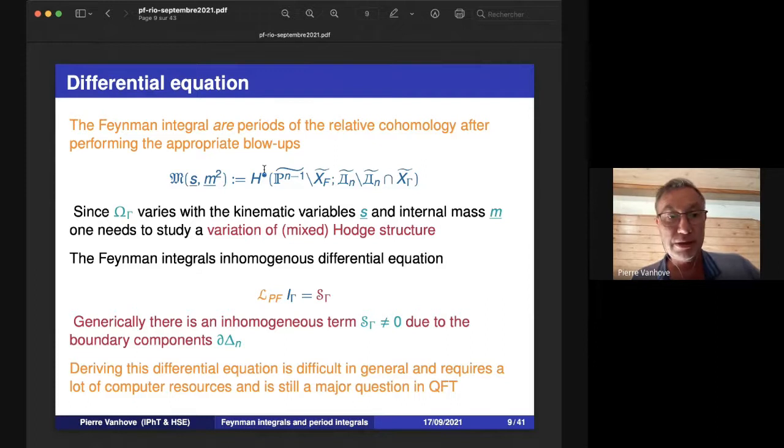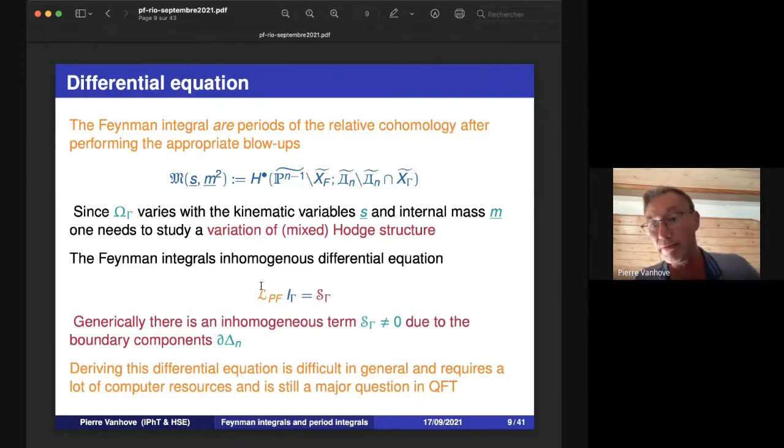Everything is over the complex numbers, so it's a problem of variation of mixed Hodge structure, and you expect that the integral satisfies some differential operator.